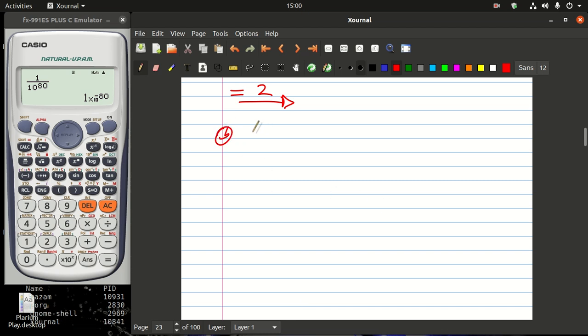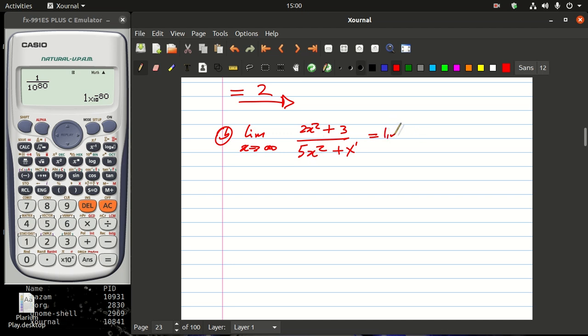The second example is saying evaluate the limit as x approaches infinity of 2x squared plus 3 all over 5x squared plus x. Now, the first thing that you need to do here is find the highest power in the denominator, and this one is 1, this one is 2, so the highest power is x squared.